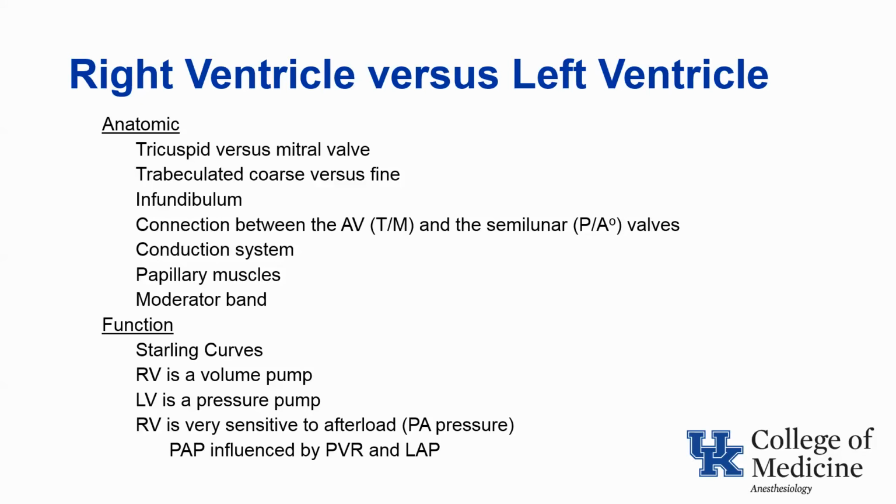The right ventricle is very sensitive to afterload, which of course is determined by pulmonary artery pressure, whereas the left ventricle is relatively insensitive to afterload. Conversely, the right ventricle is more sensitive to preload than is the left ventricle.